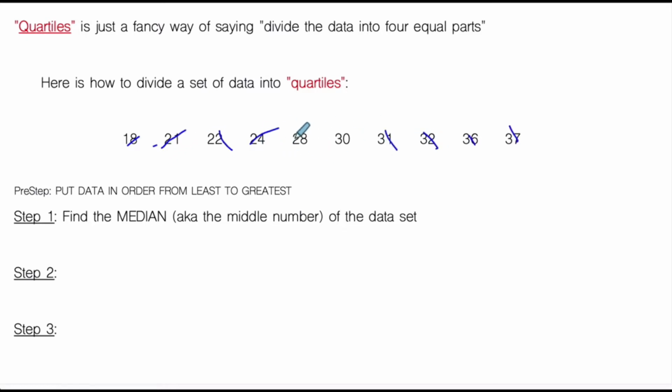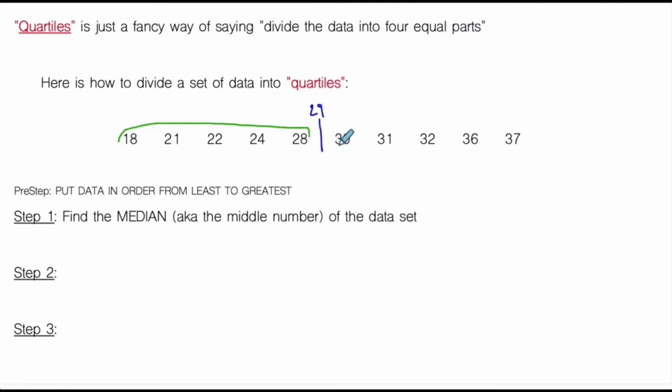In this case, the middle is 28 and 30. I hope you remember what to do. If you have 2 middle numbers, add them up and divide by 2. The true middle of this data set is in between 28 and 30. It's 29.